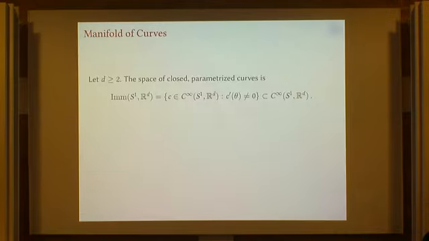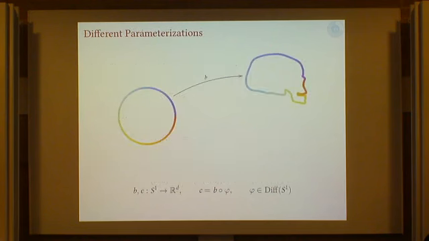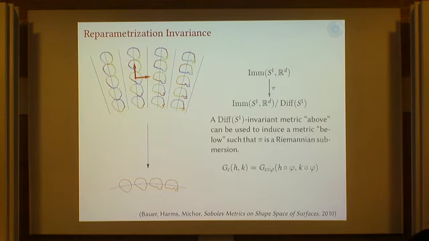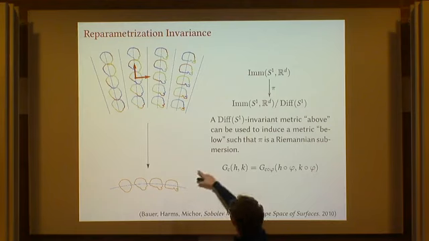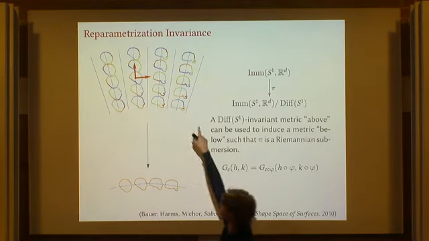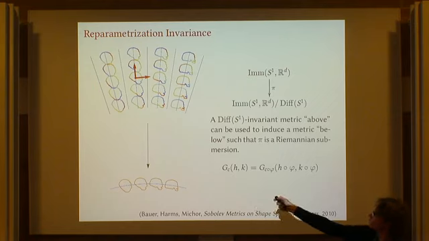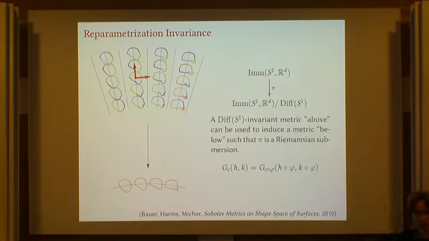Sorry, when you work in the quotient space of unparameterized curves. So yeah, if you represent the one object as this infinite dimensional shape and you match it to another infinite dimensional shape, you will get geometrically a horizontal geodesic, which will also give you point-to-point correspondences. If you choose points on one shape, it will give you points on the other shape, however you choose points on the first.